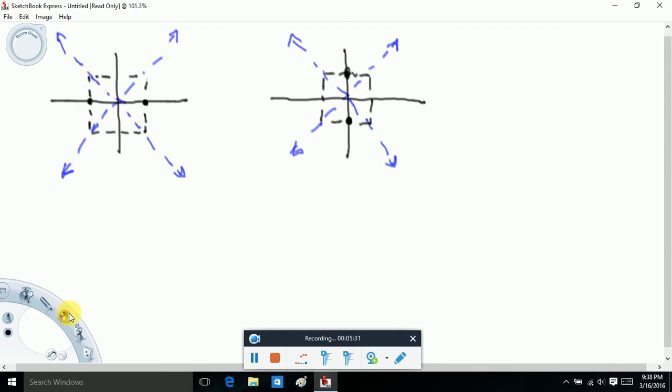So one important definition is the transverse axis. The transverse axis, which we'll mark in red, is a segment that lies on the line containing the foci.